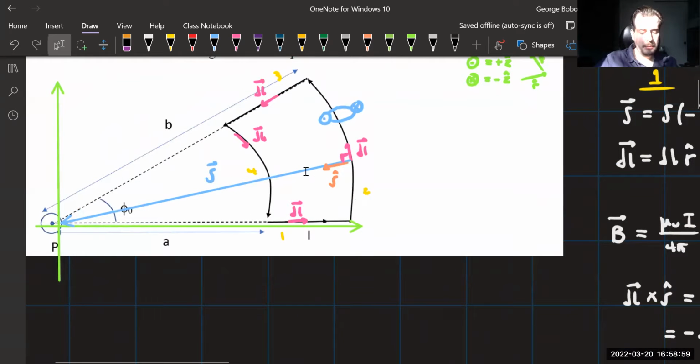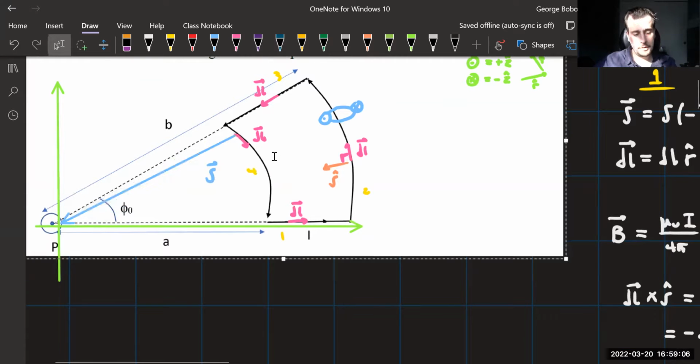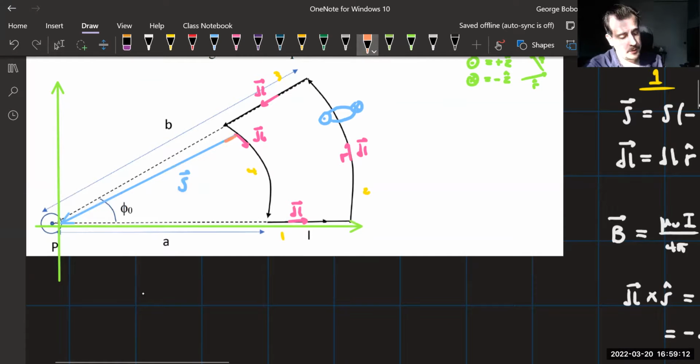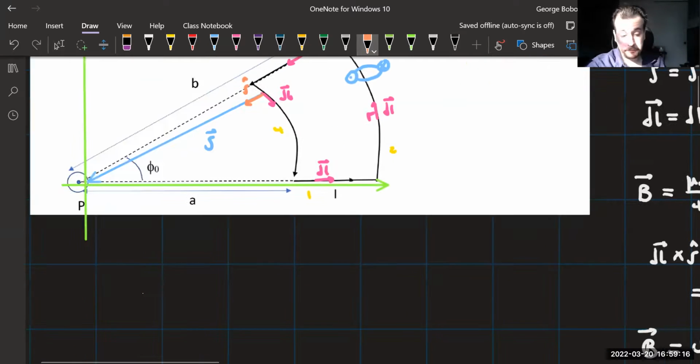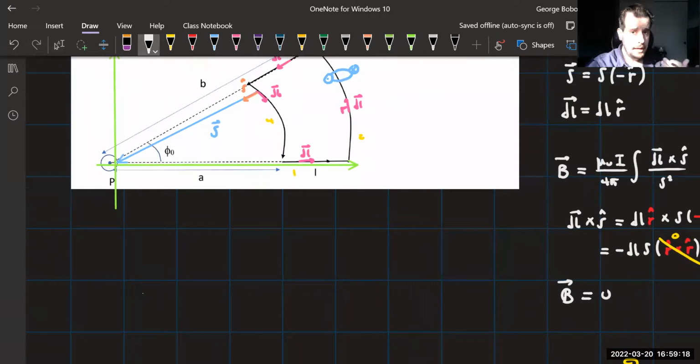Now, for segment 4, the R vector is going to go now to this dL. And the unit vector, R hat, is going to point like this. And now my first job is to always write down what R, the vector here, is.